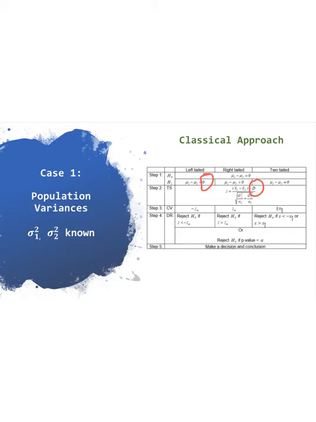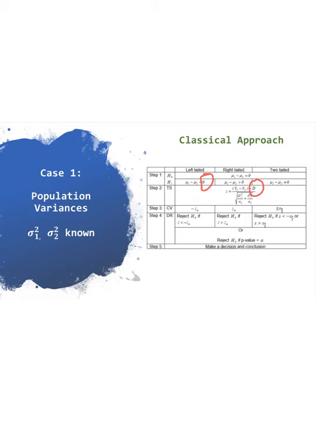Step number 3 is the critical value. For the left tail, we have negative Z alpha, right tail Z alpha, and for the two tail, we have plus minus Z alpha over 2. Then step number 4, the decision rules. For the left tail, we reject the null hypothesis if Z is less than negative Z alpha. For the right tail, reject if Z is greater than Z alpha.